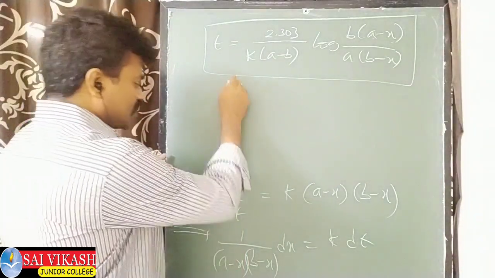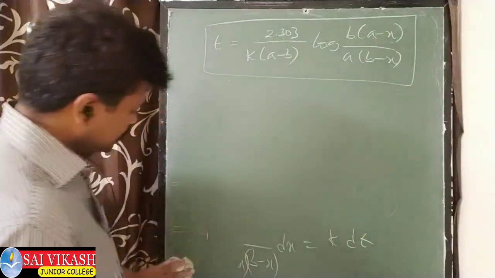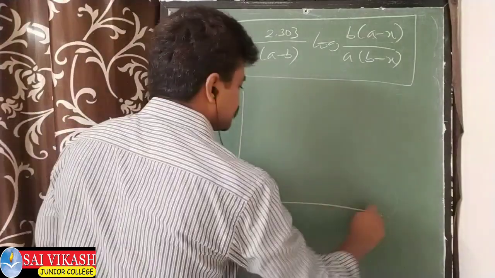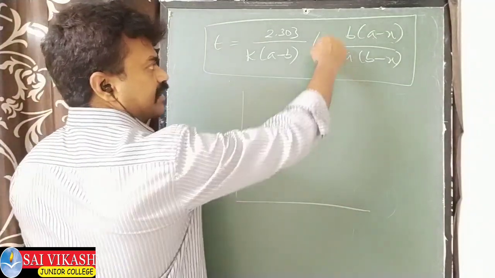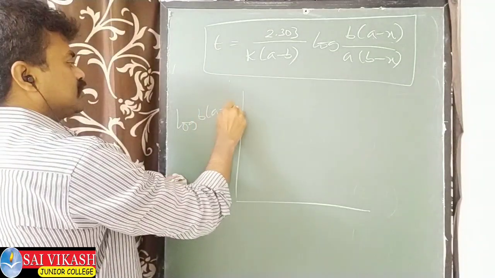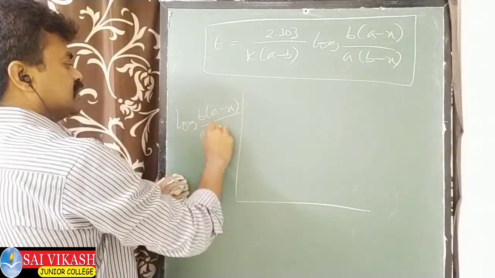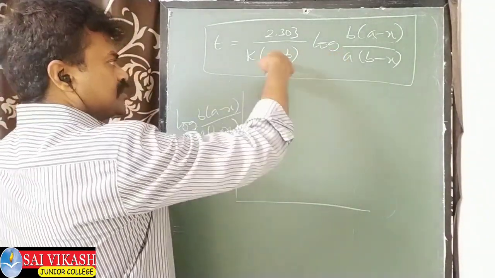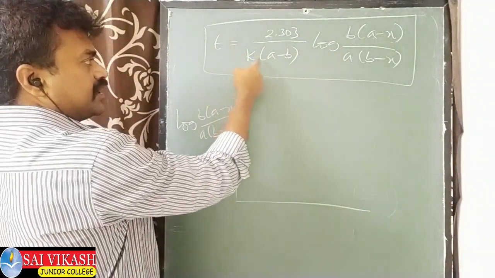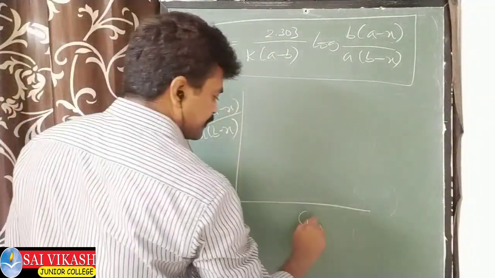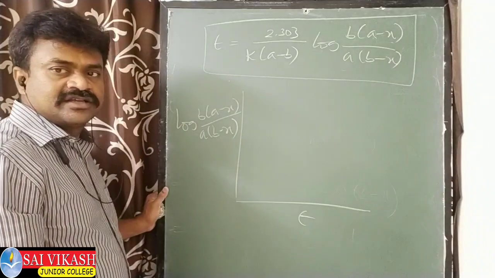Here also, if you draw a graph, on the y-axis I am taking this entire part, log of b into (a minus x) by a into (b minus x), and on the x-axis time.